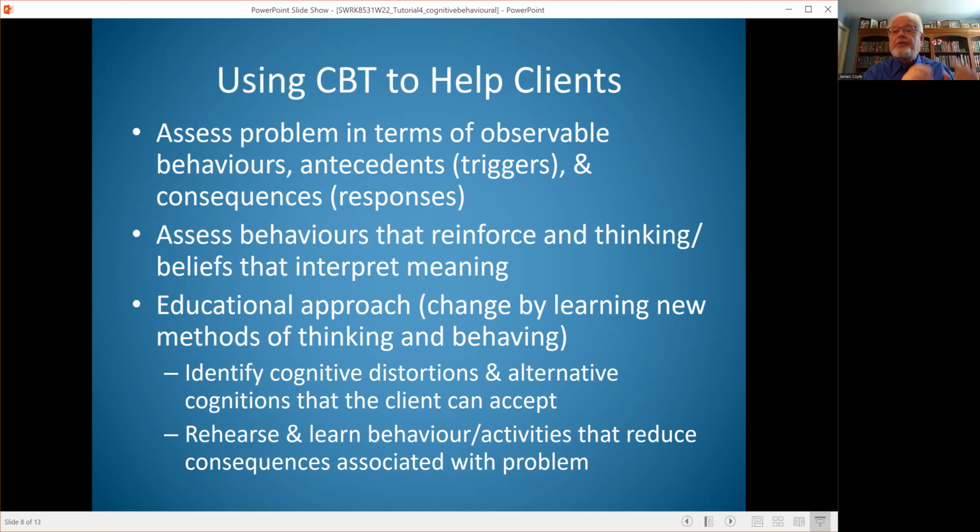So knowing what the trigger is, you can say, wait, I can recognize that. I can put something in instead. And that begins to then change the consequence, the response.